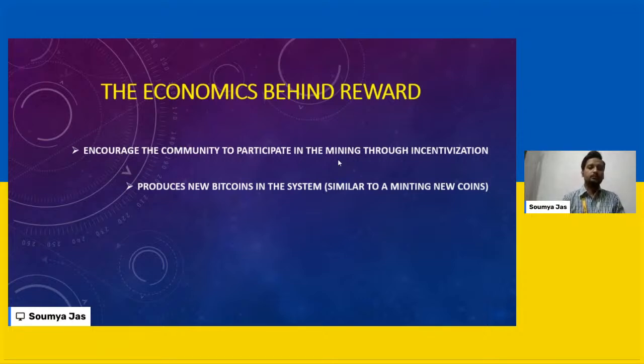So this is the most interesting part: this has no controller body. Just like in the share market, we have SEBI, who can control the whole market. But in the Bitcoin or cryptocurrency market, there is no controller body who can control or govern the whole network.